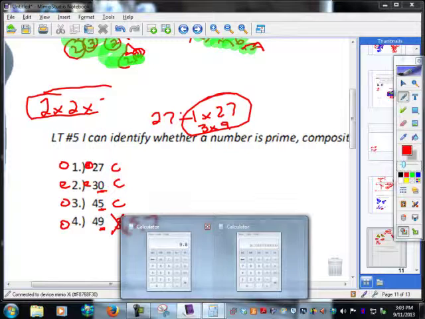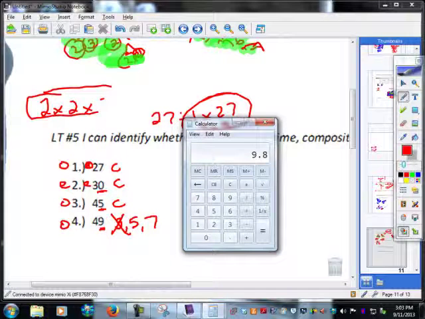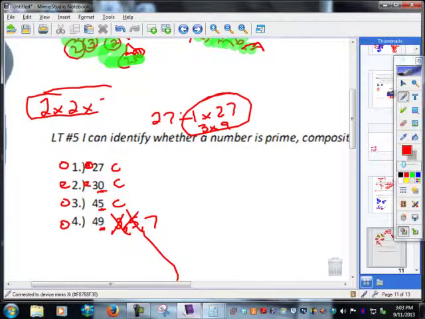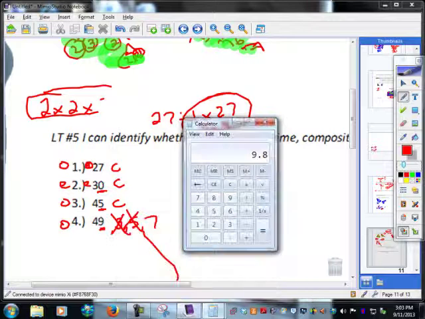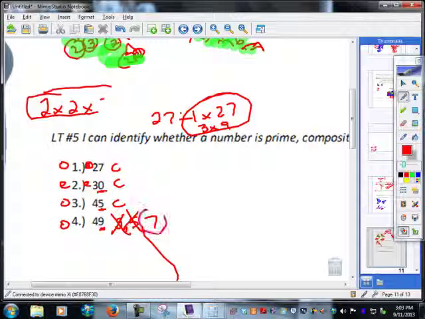So you know that 5 is not a factor, but regardless, we get a decimal, so that eliminates 5. Okay? Now we got to check 7. So we're going to do 49, and we're going to divide by 7. And we're going to get 7. That tells me right there that this also has a factor of 7, so therefore it is a composite number. Okay?